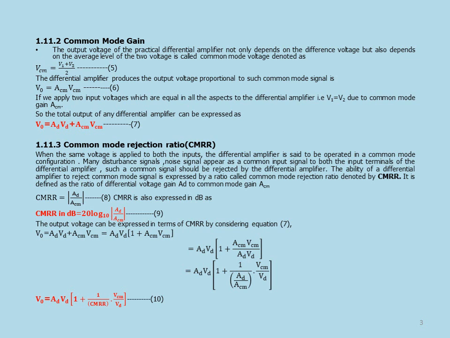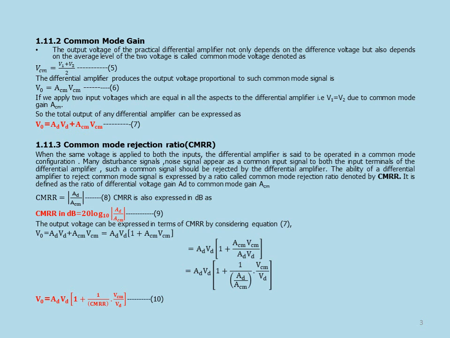It is expressed as shown in equation 8. CMRR is the modulus of AD by ACM, so it is the ratio of differential gain to the common mode gain. CMRR can be calculated in decibels, so it is 20 log base 10 of AD by ACM.